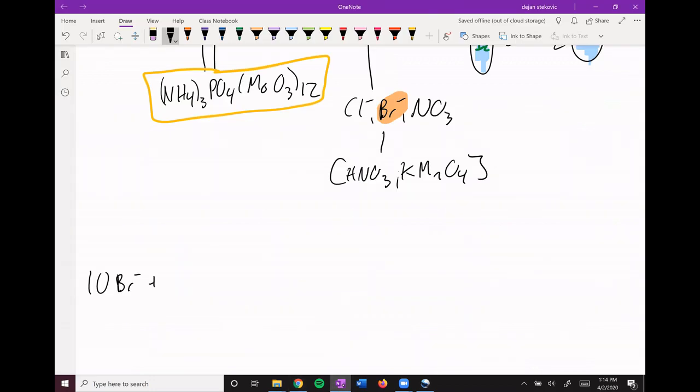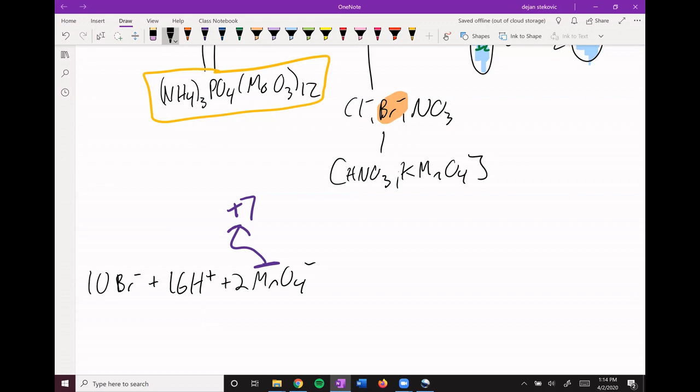10 bromides, a bunch of acid, H pluses, and then 2 of these permanganates. If we think about the oxidation state of this manganese, you'll get that it's +7. So that's quite a high oxidation state. So it's going to want to go down, gain electrons, and thus oxidize something else while getting reduced itself.